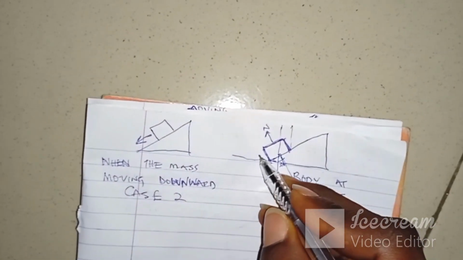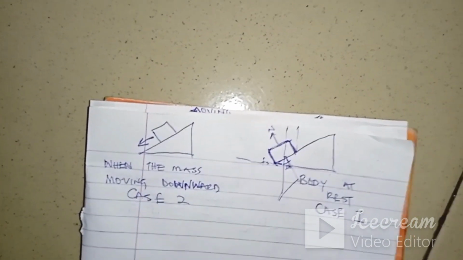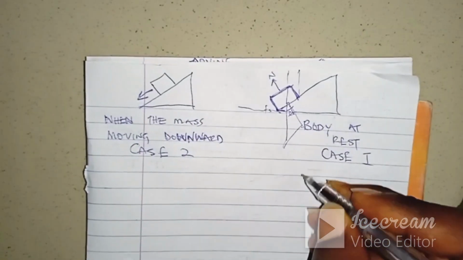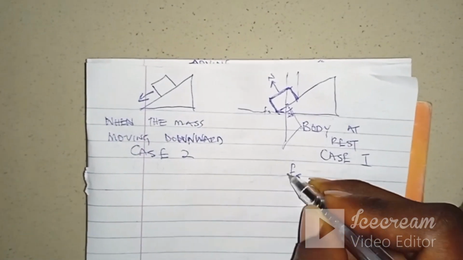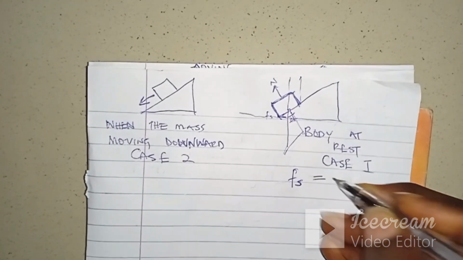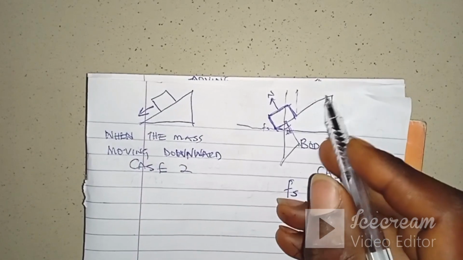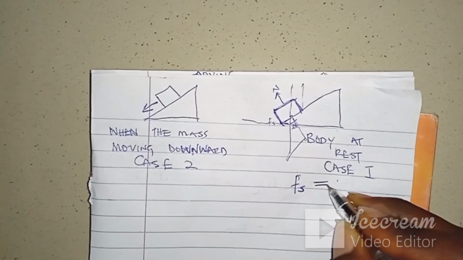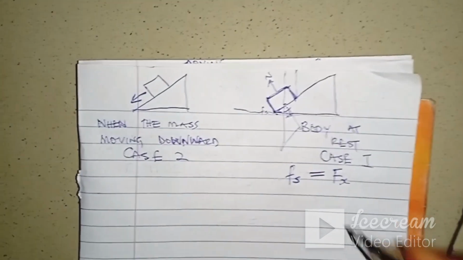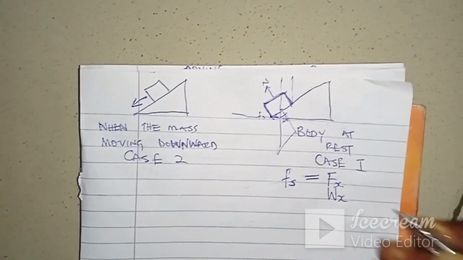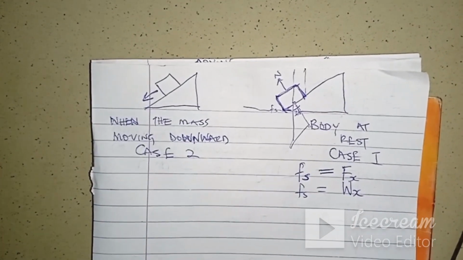The static friction is just there. So we say that in this case, frictional force, which is static friction, will be equal to the force on the x axis, which in the earlier example we used Wx to represent. So static force is equal to force on the x axis.